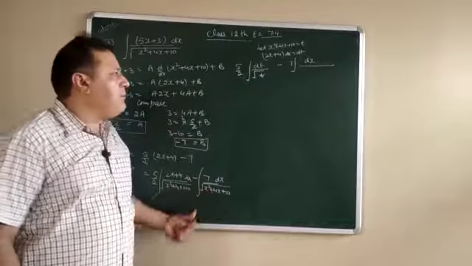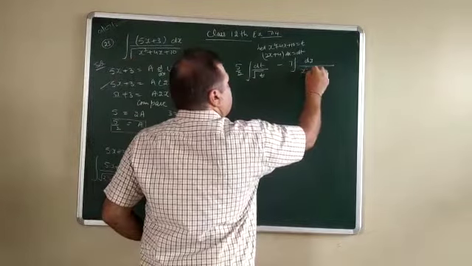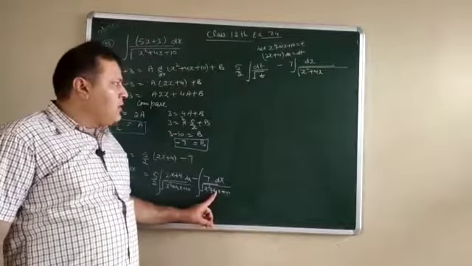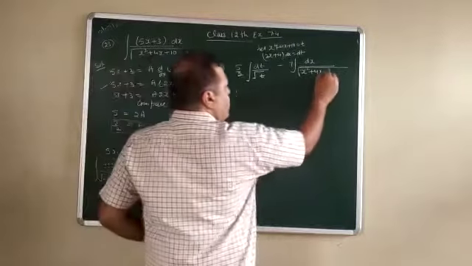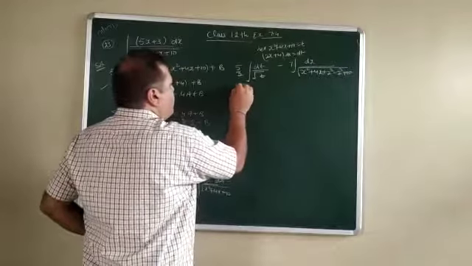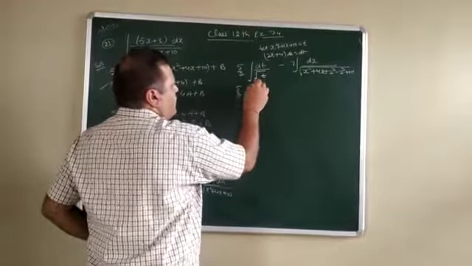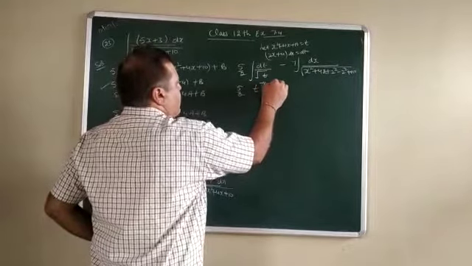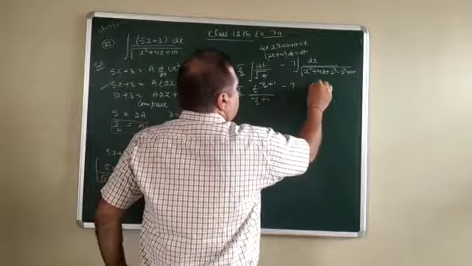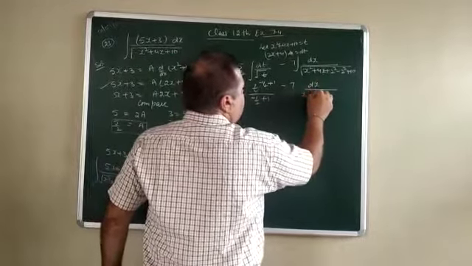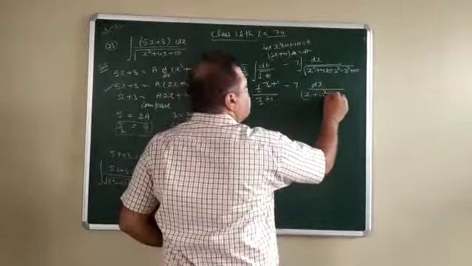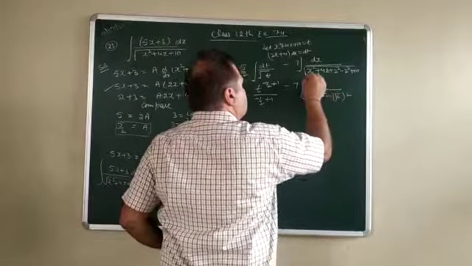This part again we make a perfect square. So it is x²+4x; half the coefficient of x, that is 4, half of 4 is 2. So 2 squared will be added and 2 squared will be subtracted. Now it becomes 5/2 integration of t to the power minus 1/2, minus 7 dx upon √((x+2)² minus 4 plus 10), which is √6 whole squared.